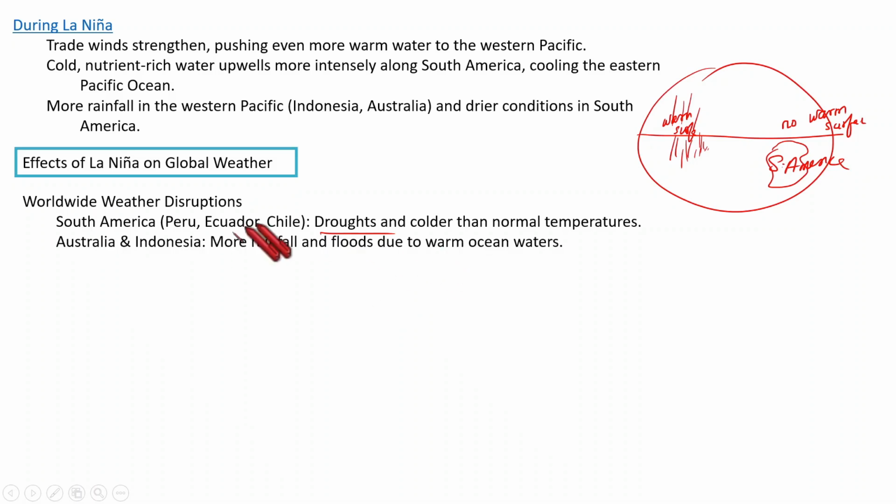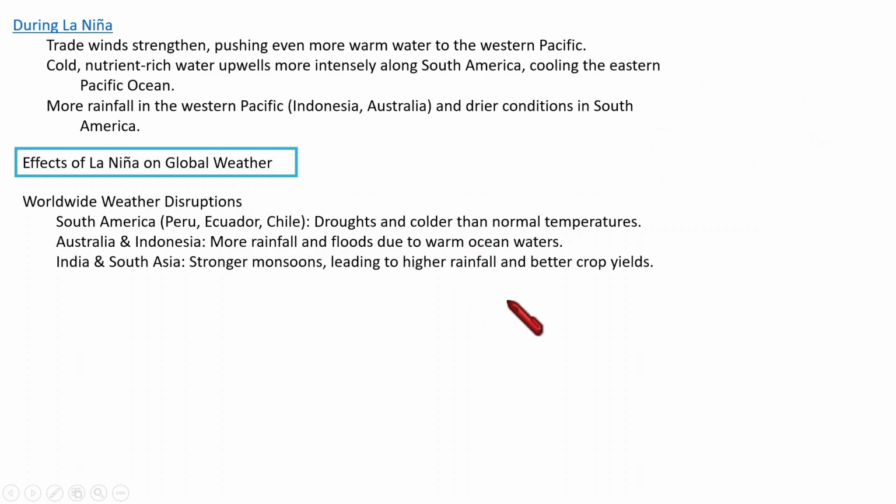Okay. Australia and Indonesia, this region, receive more rainfall and flood due to warm ocean water. India and South Asia, during El Nino, monsoons are weaker, but here the monsoons are stronger and heavy rainfall is there, so better crop yields are also available.